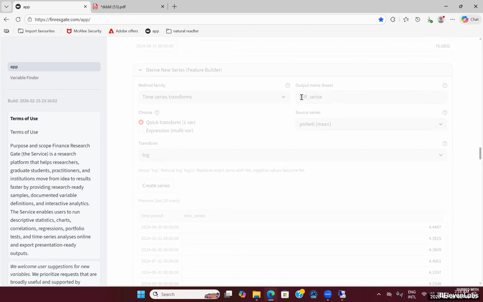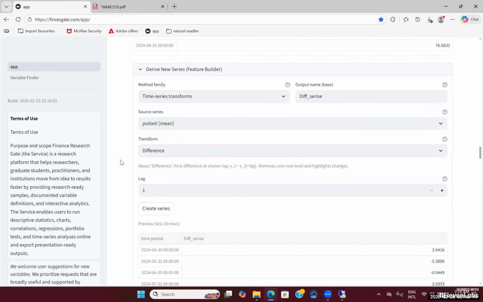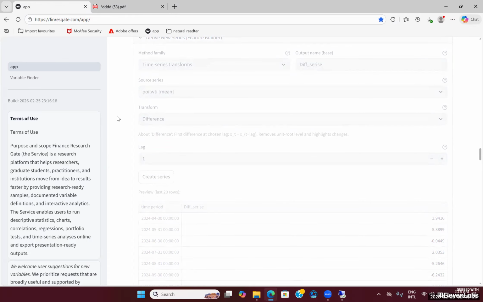And for clear identification, we should name this component difference series. We need to allow a little bit of time for that to process, and then within this selection box, we'll choose the first difference. We are creating a new variable that takes the first difference.